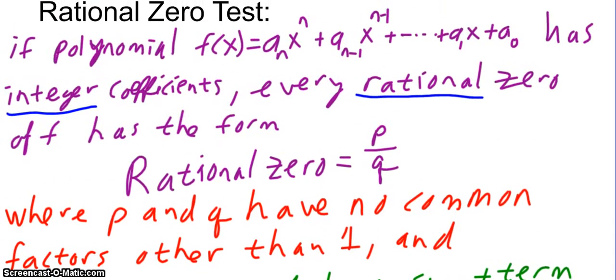So, if polynomial f of x of this form has integer coefficients, every rational zero of f has the form p over q, where again, p is a factor of a sub 0, and q is a factor of a sub n.